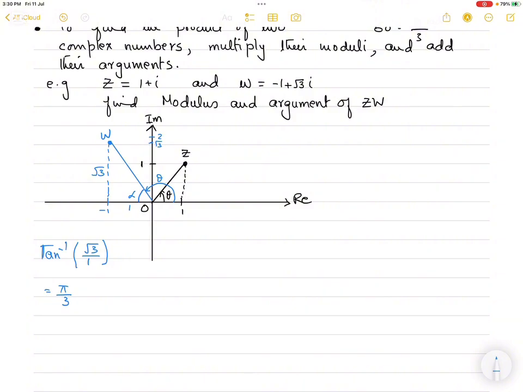So now you find theta of w, which is your argument, from pi. Pi means 180.